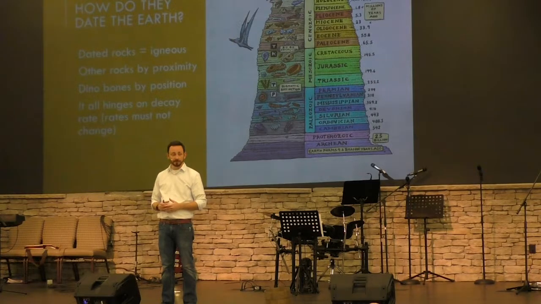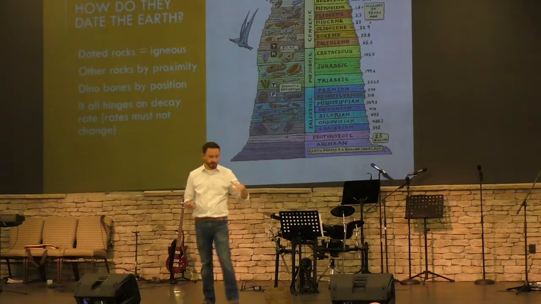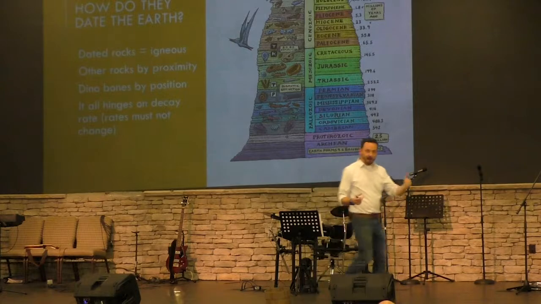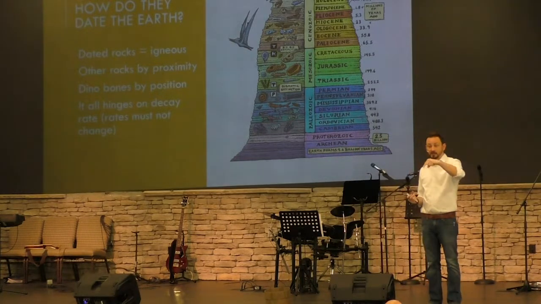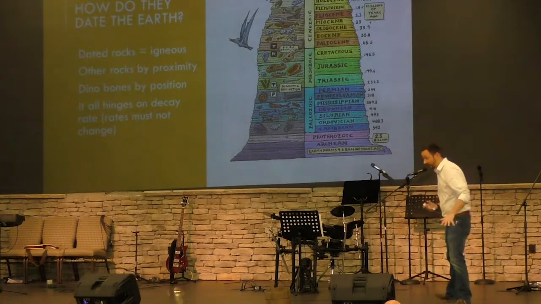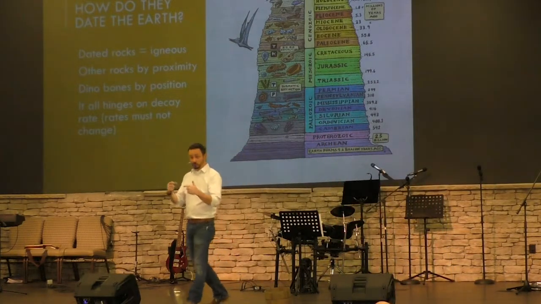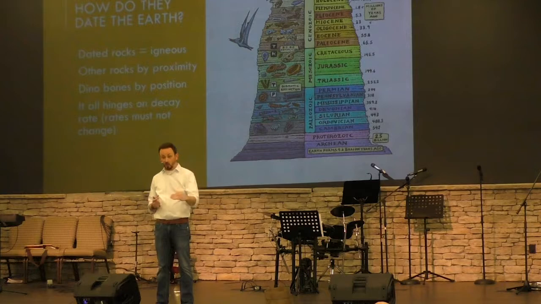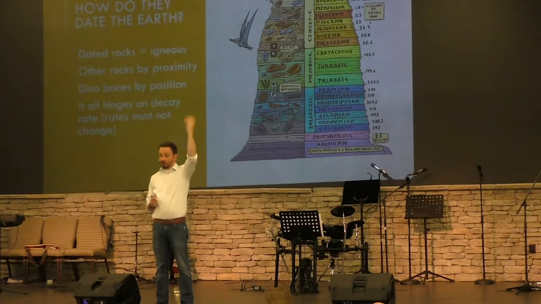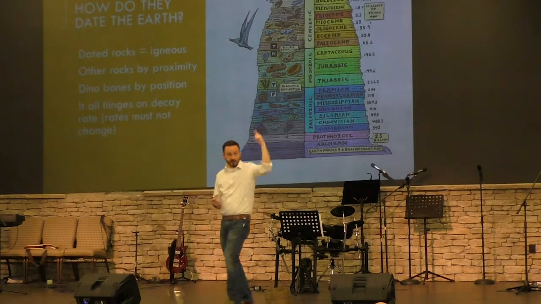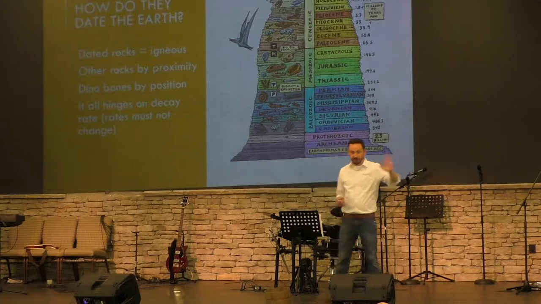Okay, so science tells how old a rock is if it is igneous. If it is not igneous, then the way to tell is if it's close to an igneous rock. If it's lower in the dirt than an igneous rock, then it's older. If it's above it, then it's younger. And then you just got to wait to find your next igneous rock to figure out what's in between. You want to know a fun fact?